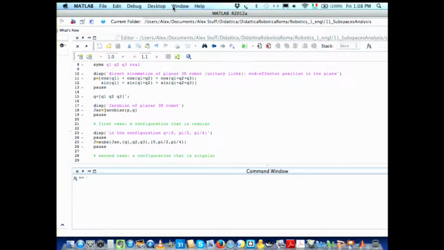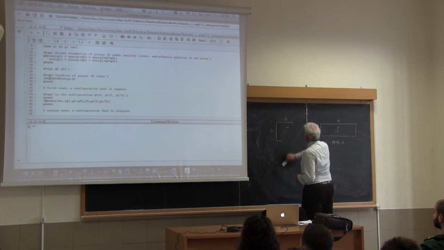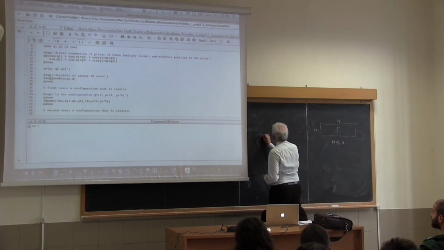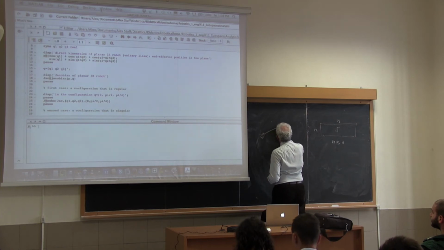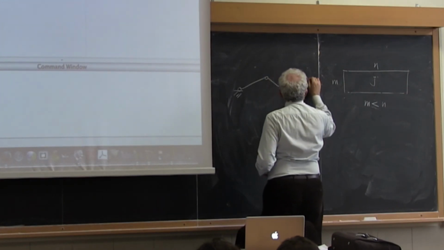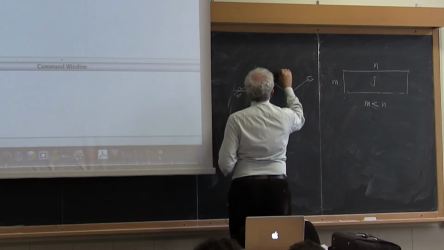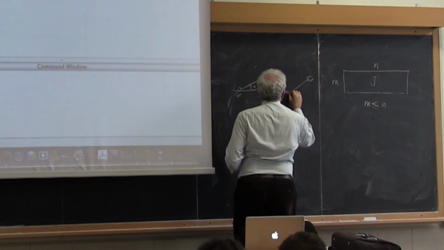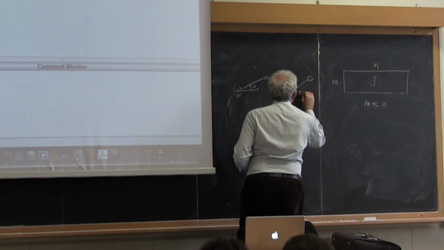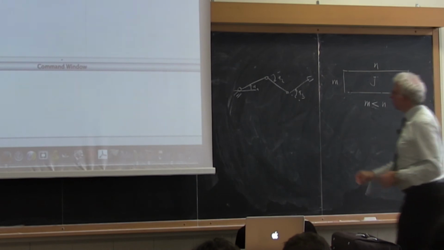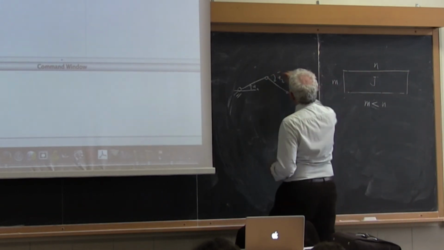So I'm in this situation: I have some base, then a link, a link, a link. This is Q1, this is Q2, this is Q3, and these are the theta angles of the Denavit-Hartenberg convention.